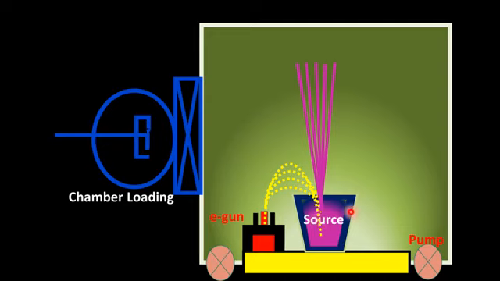Now the question here is that the source material starts evaporating abruptly, and we are talking about molecular beam epitaxy, about controlling the evaporation of dopant material at the molecular level. Then how is the evaporated source material controlled and transported onto the surface of the substrate at the molecular level? This is done by introducing an electronically controlled shutter.